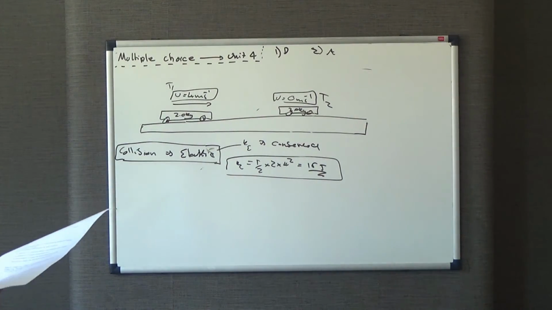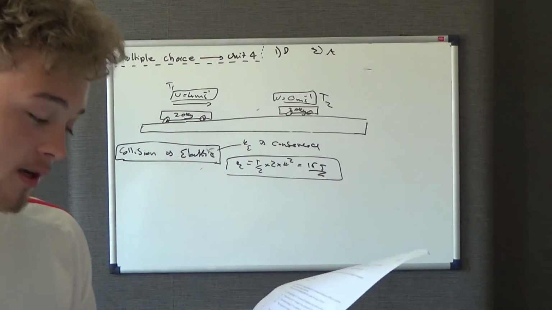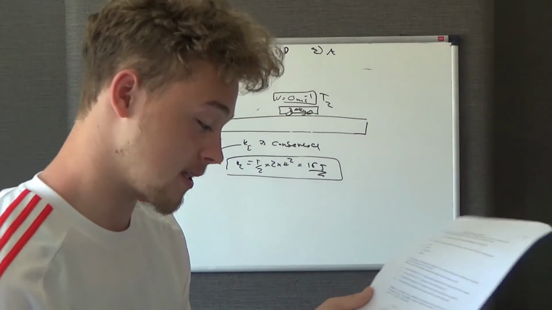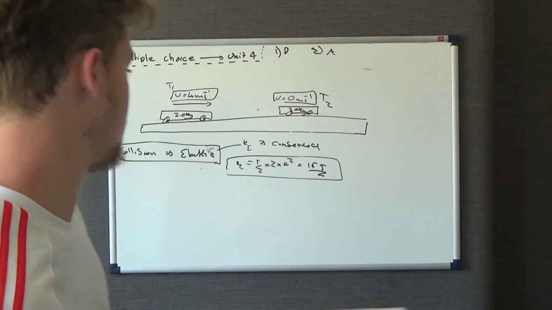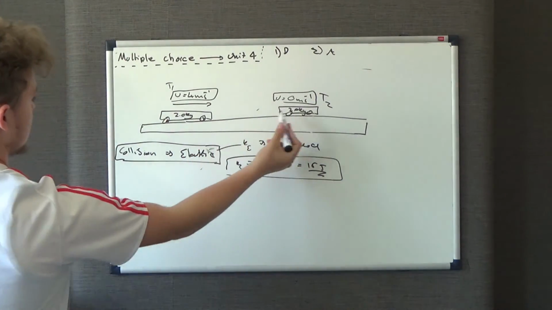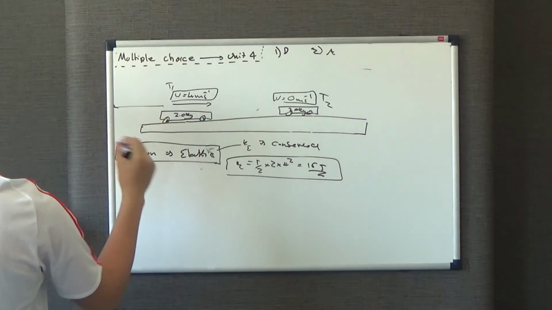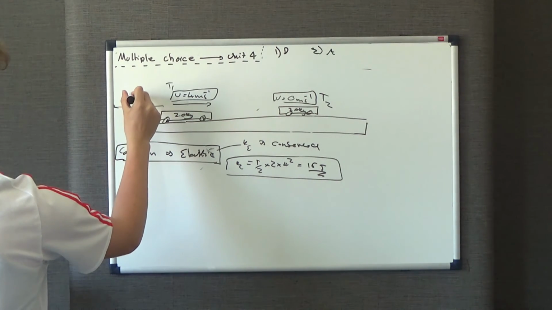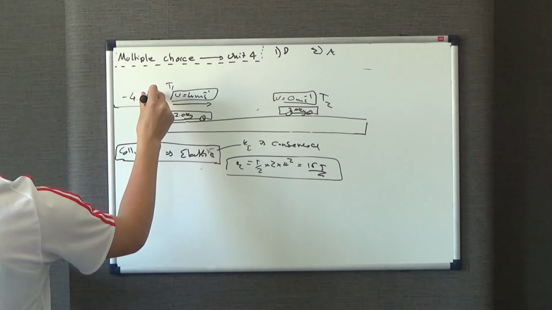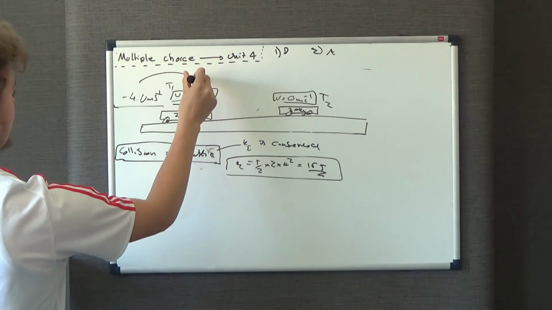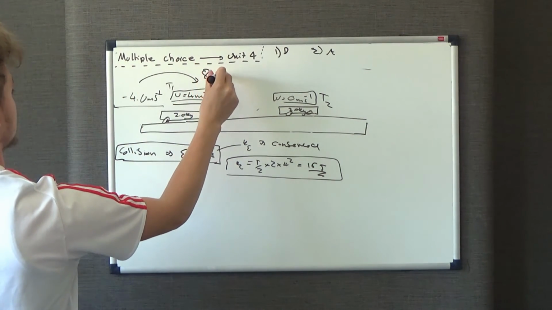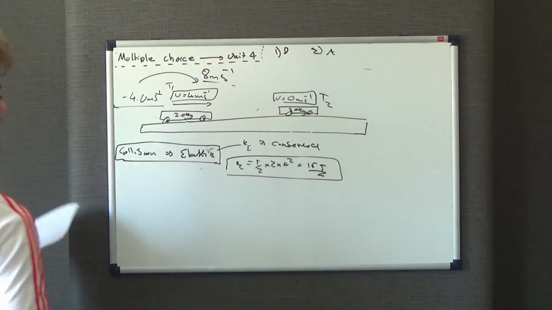Okay, so as I say, velocity is a vector. B says T1 will rebound from T2 at 4 meters per second. In other words, it will crash into T2 and then go back with the same velocity but in the opposite direction. So therefore, it will have a velocity of minus 4 meters per second. That's a change of 8 meters per second, from positive 4 to negative 4.